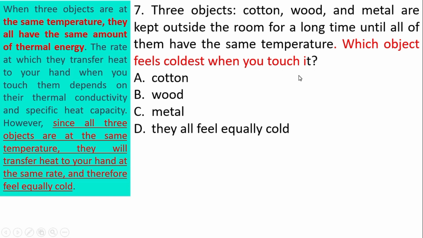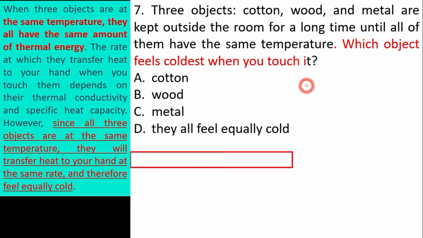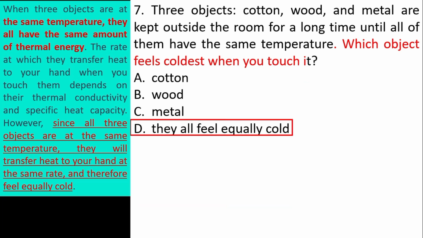Assuming that your temperature is the same with these 3 objects, they will all feel equally cold because they have the same temperature. So, the coldness you feel is the same for the three because their temperature is the same.